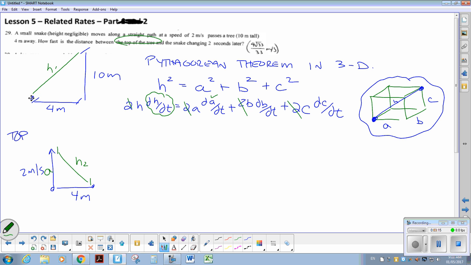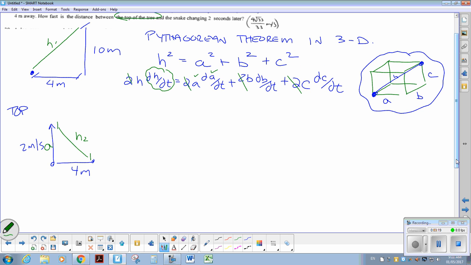That means we can find A. I'm going to start listing my information off to the side. I know dA by dt is 2 meters per second. The A value will be 2 meters per second times 2 seconds, so the snake has traveled 4 meters.